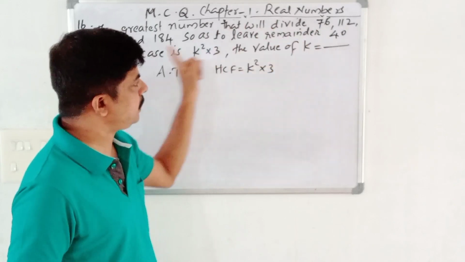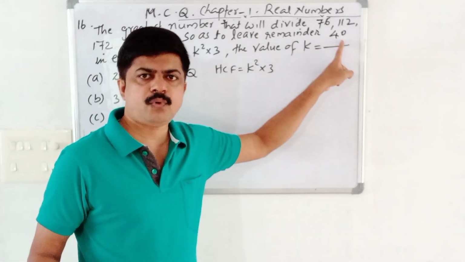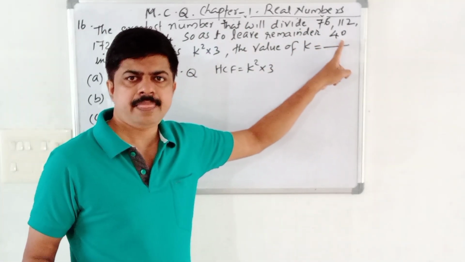Before we find the HCF for these 4 numbers, we need to subtract 40 in each case because 40 is the remainder.